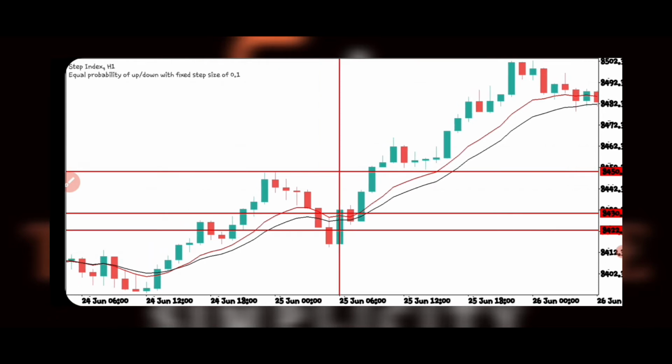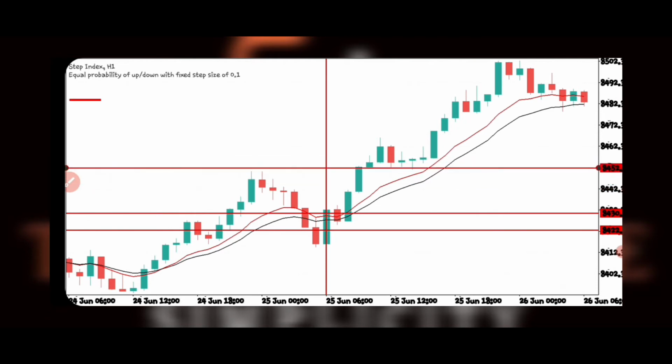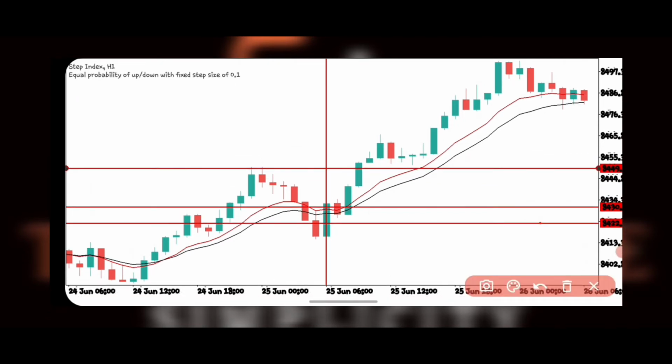Whenever I hit the first target, this is what I want to do: I want to adjust my stop loss to my entry. After adjusting my stop loss to my entry, I will also close 50% of my position. Then I'll allow the trade to run for a 1 to 4 hour. That is what my normal target is for this strategy.